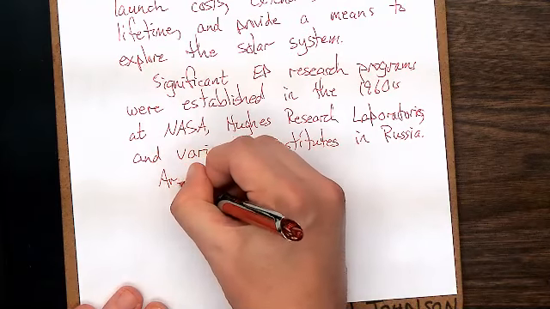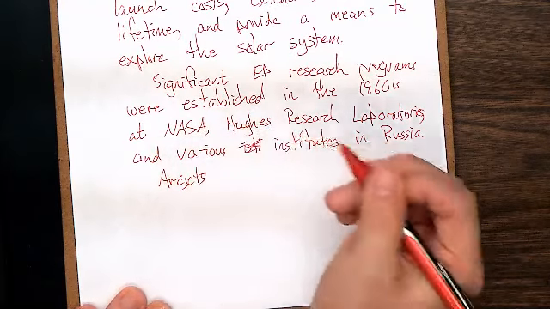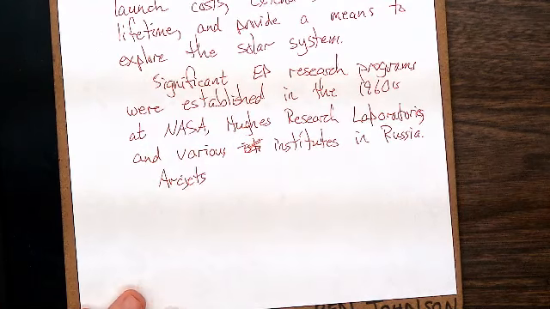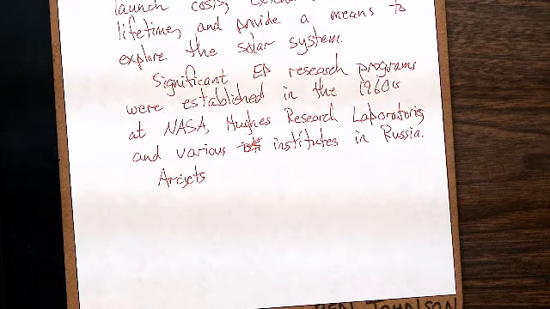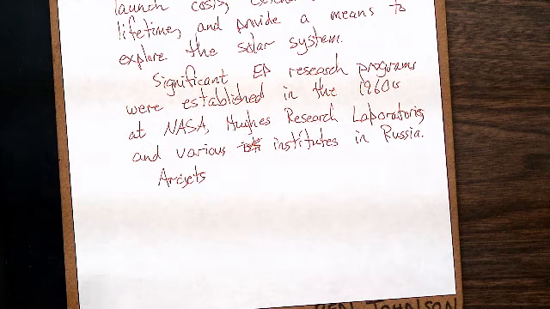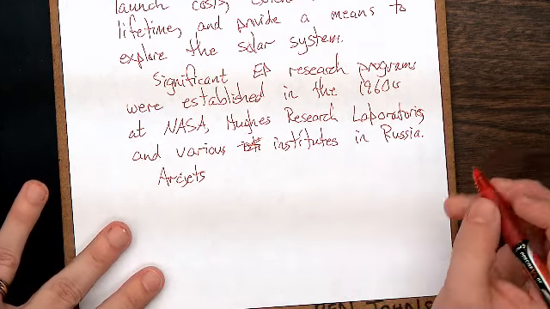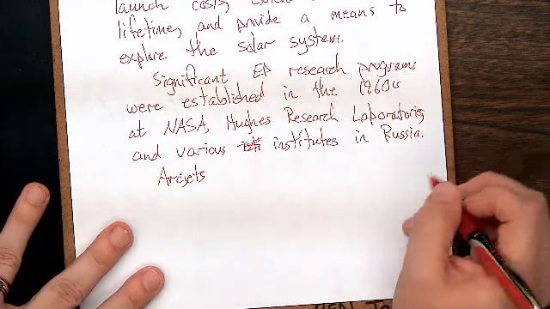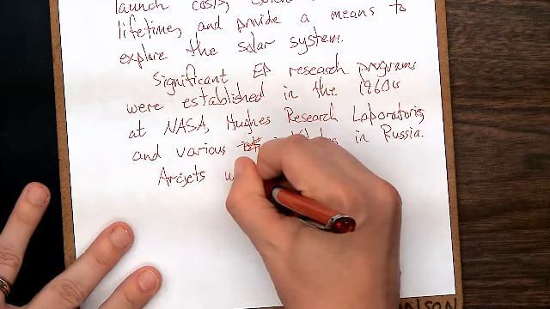Okay, arc jets. An arc jet is a device that uses an electric arc to heat up a propellant to temperatures much higher than you can achieve through chemical energy release and chemical reactions. Arc jets were in development from the 1960s to the 1970s.